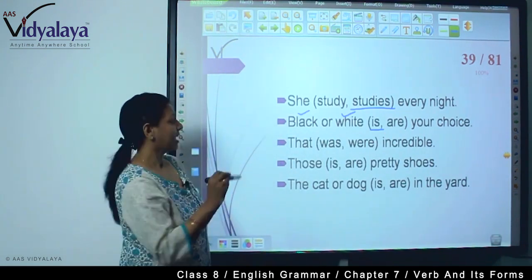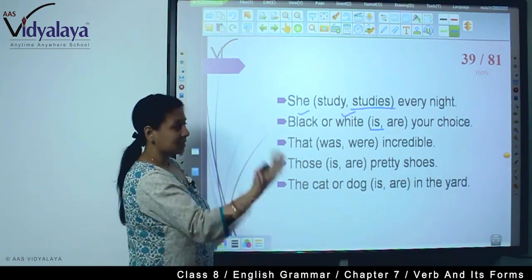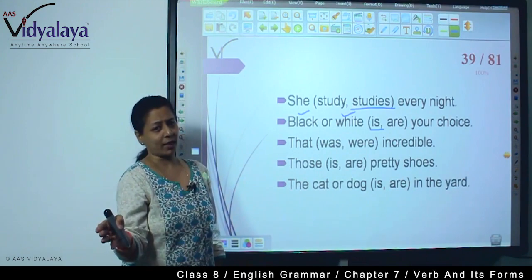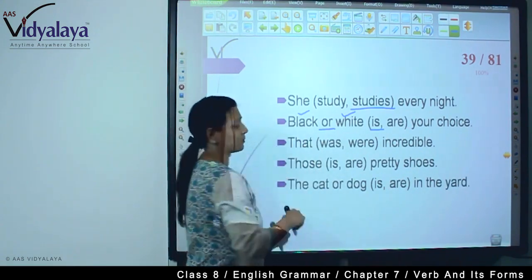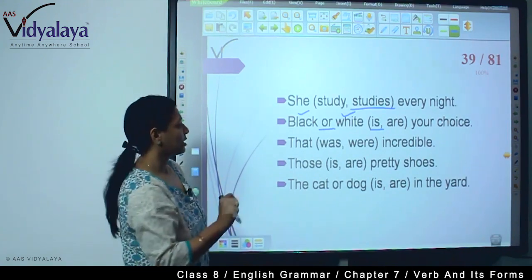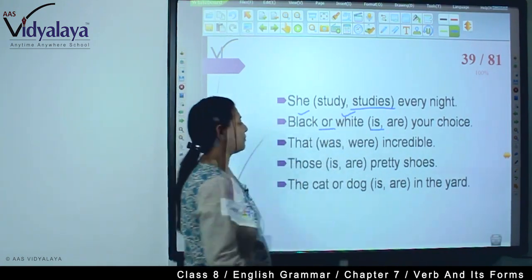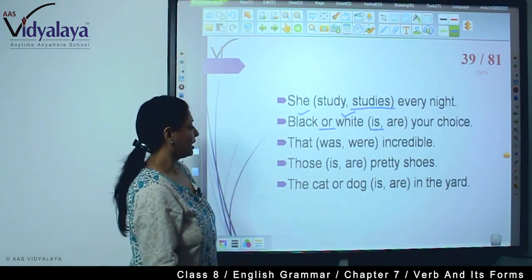Try to understand. It's not black and white. What the person is asking is, either you can take black or you can take white. So, when there is or, that means you need to choose only one. So, here the subject is one, the verb is. Black or white is your choice. Which one is your choice?